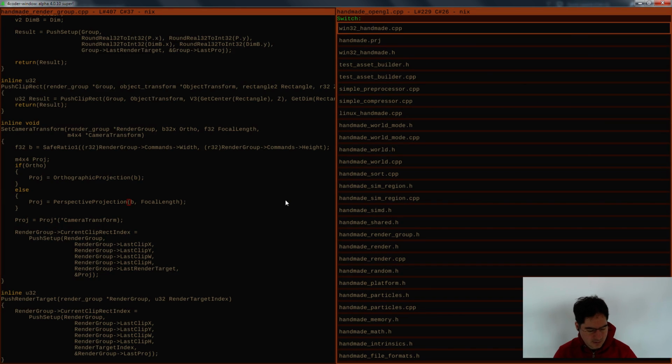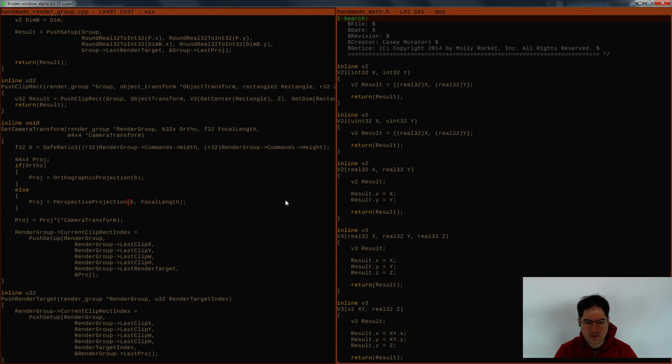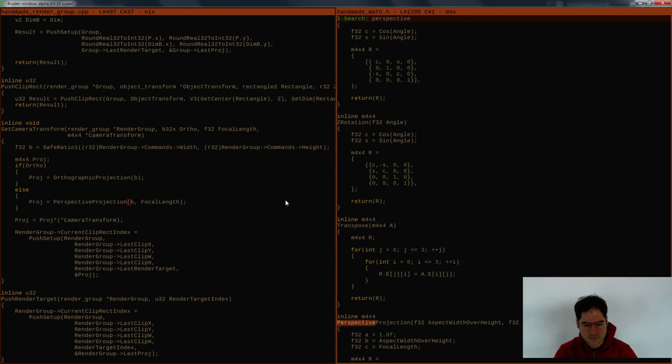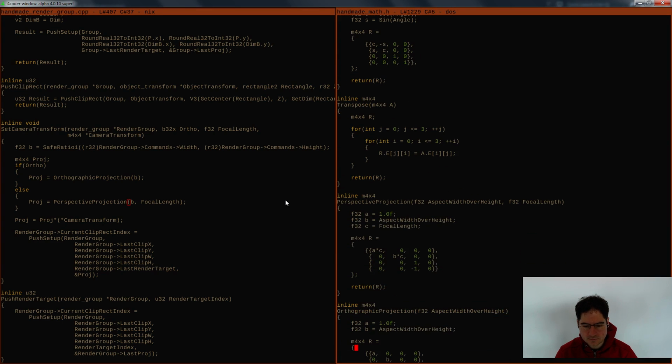Let's go ahead and grab that out of the math. So here we are. You can see here's our perspective projection. And what's happening right now is whatever the z value is that comes in is the z value that comes out. This is kind of useless, right?